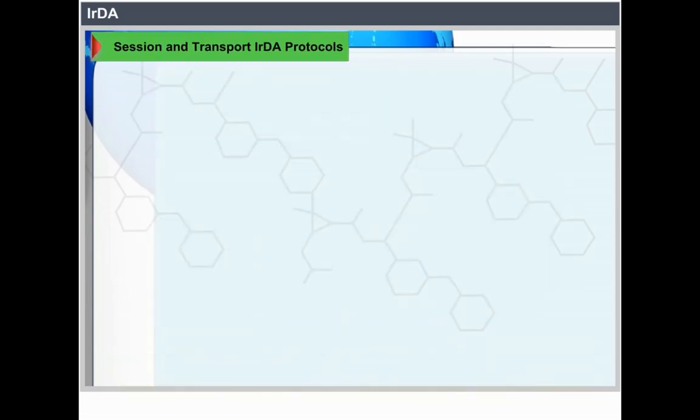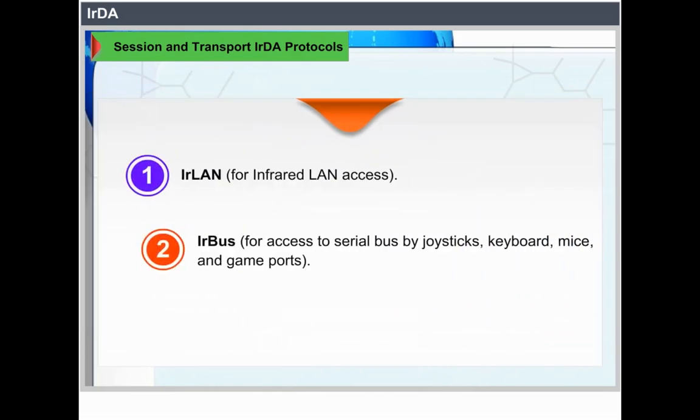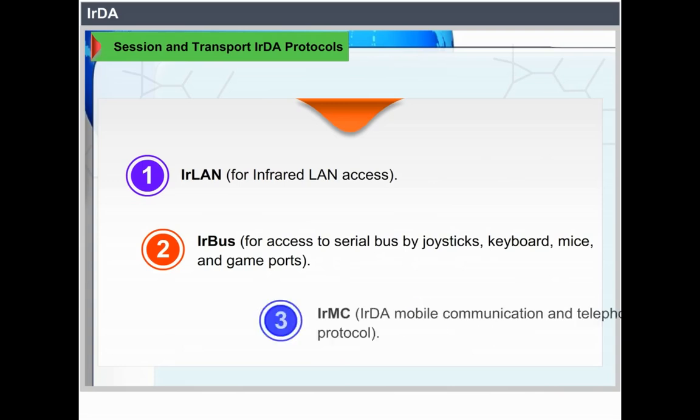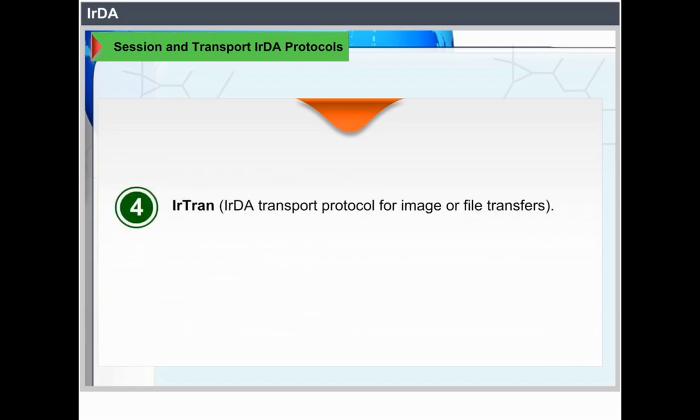Session and Transport IrDA Protocols. IR-LAN for infrared LAN access. IR-BUS for access to serial bus by joysticks, keyboard, mice and game ports. IR-MC, IrDA Mobile Communication and Telephony Protocol.